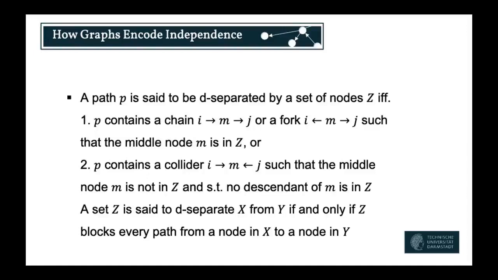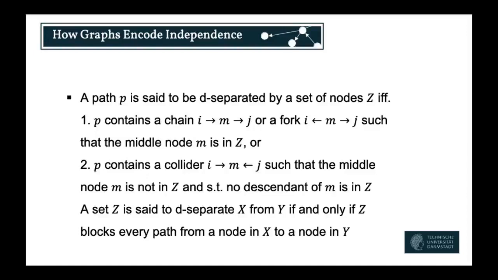Either P contains a chain or a fork, one of these special structures, where it goes in one direction or diverges, such that the middle node M is in Z. This is simple to check. You don't have to understand the intuition for the moment; I'll give you an intuition just now. Really, it's just a property you check. You look at whether a path contains a chain or fork and whether the middle node is in Z. If this is satisfied, they're d-separated.